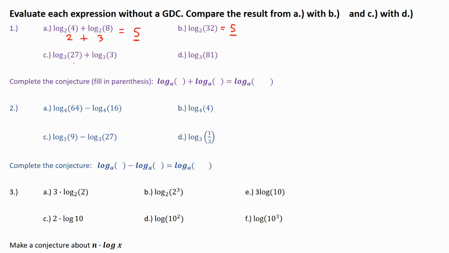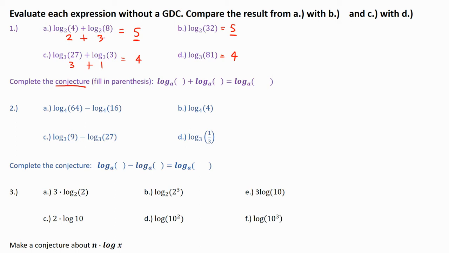Let's look at two more and then come up with a conjecture, which is something that we think is going to be true always about logs. So log base 3 of 27, 3 to the third power is 27. Log base 3 of 3 would be 1, so this expression would equal 4. And then this one would also be 4 because 3 to the fourth power is 81.